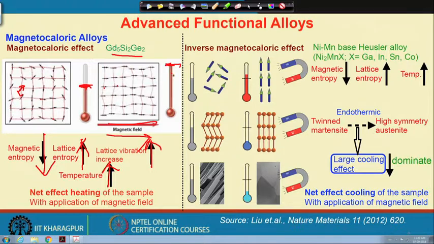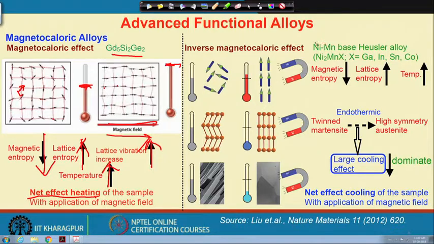So, the temperature of the material will increase, and the net effect of heating will be observed in the sample. If I take a magnetocaloric material and put it in a magnetic field, the temperature of the material will increase. That is the conventional magnetocaloric effect.